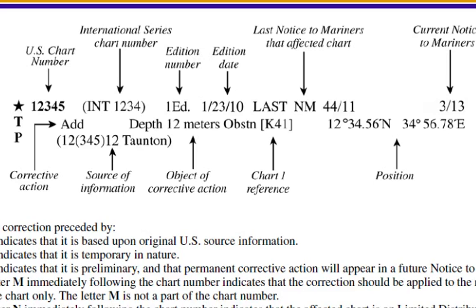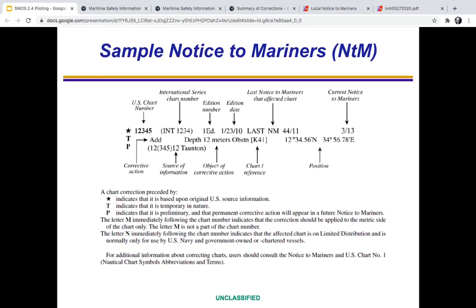And then the position of the obstruction at that depth of 12 meters that we see. So in this case, what you would do is just plot that position on your chart, annotating that there is an obstruction there located at a depth of 12 meters. And then on that third line, we have the source of information as well. So that's how the Notice to Mariners, each of them, are structured.